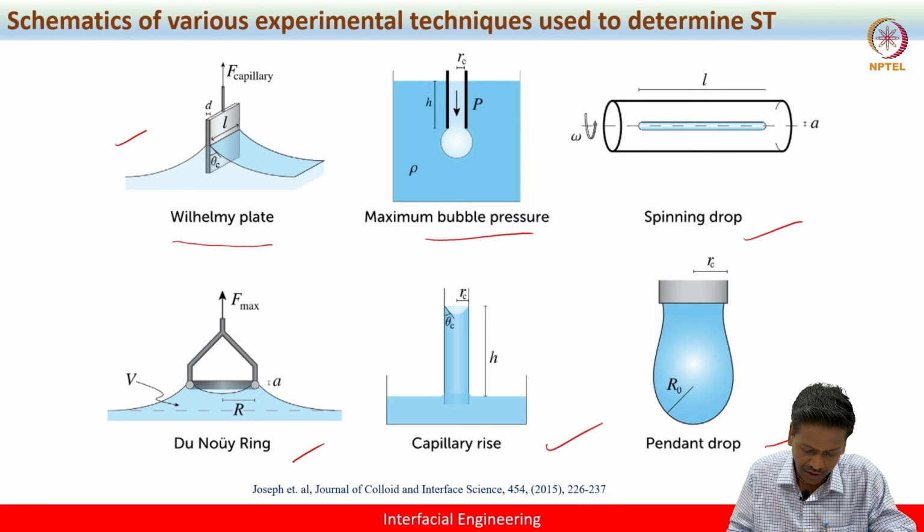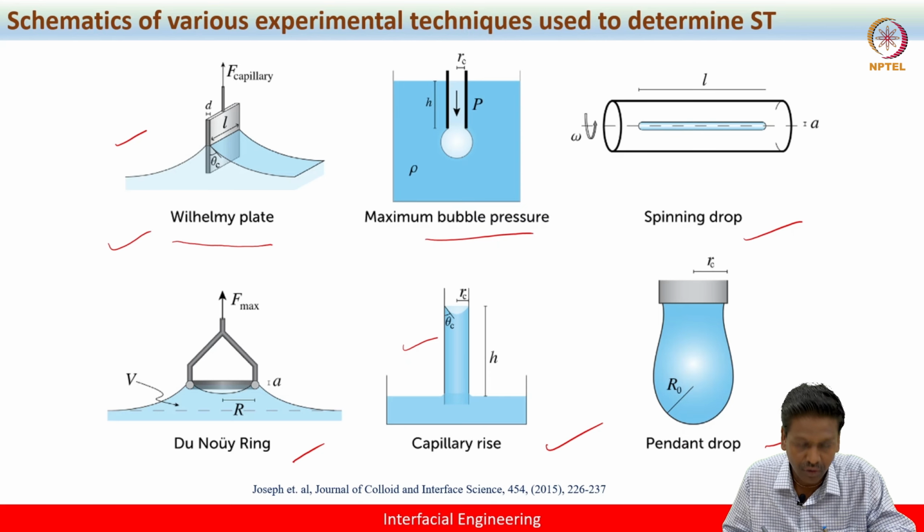Among these, we will discuss the Wilhelmy plate and capillary rise in detail. The Wilhelmy plate and Du Noüy ring both work on a similar principle, only the geometry is different. So we will see the principle of Wilhelmy plate and capillary rise in the next video lecture.